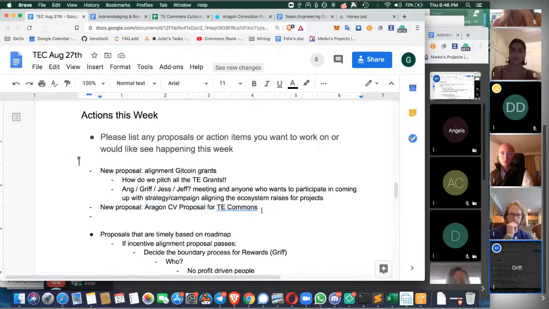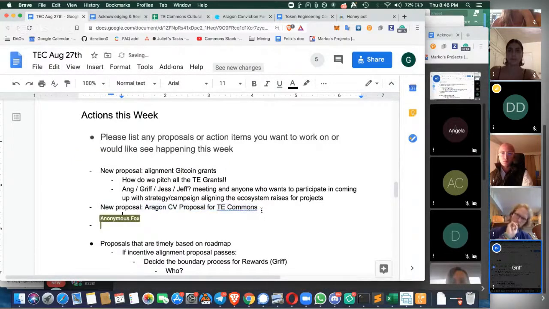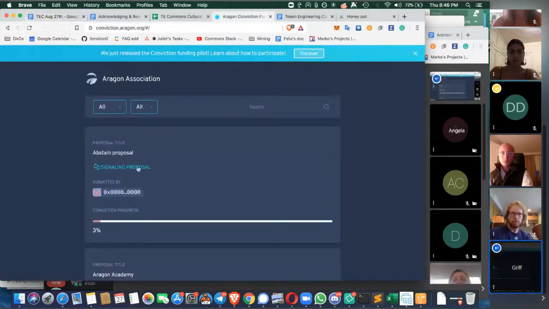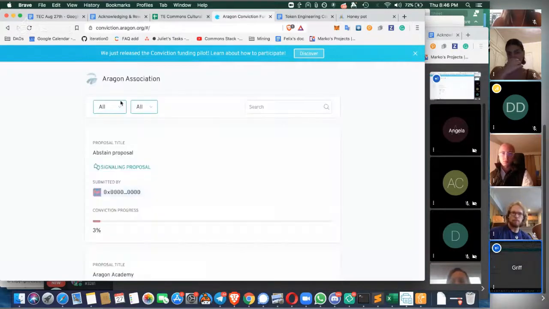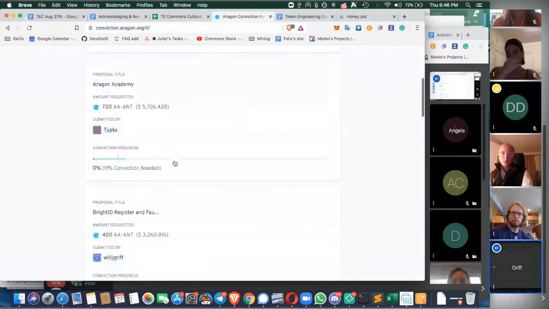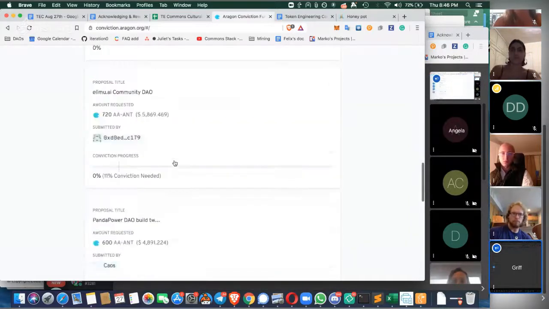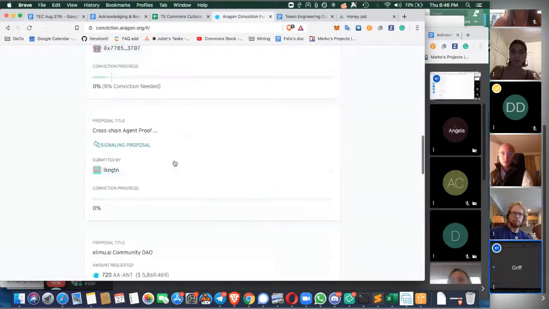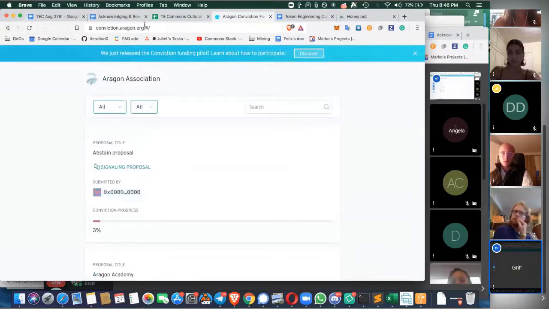Of course, anyone can take it from me, but basically the idea would be to take the Gitcoin grants that we want to make and put them on the Aragon conviction funding pilot and see if we can score some of these funds, because if I remember right, there is $90,000 or something sitting there for proposals that support the Aragon ecosystem. And I think everything we're doing in token engineering is supporting the Aragon ecosystem.